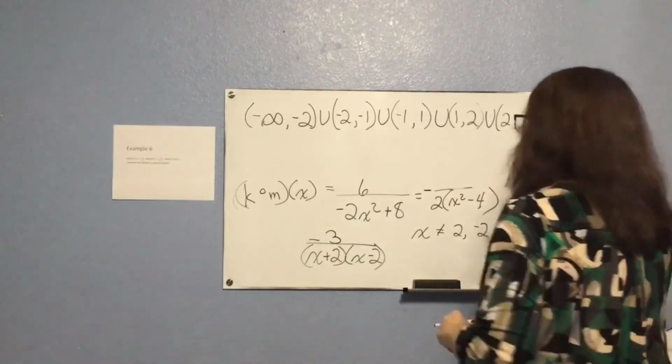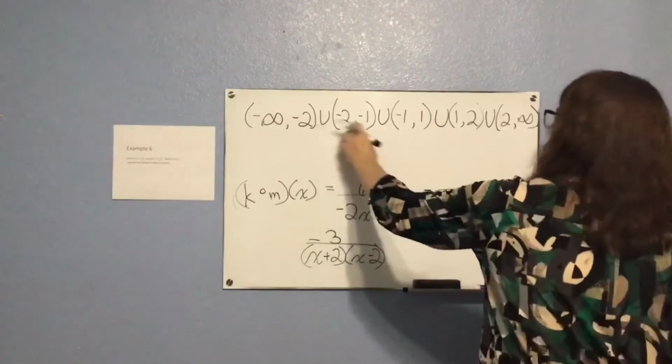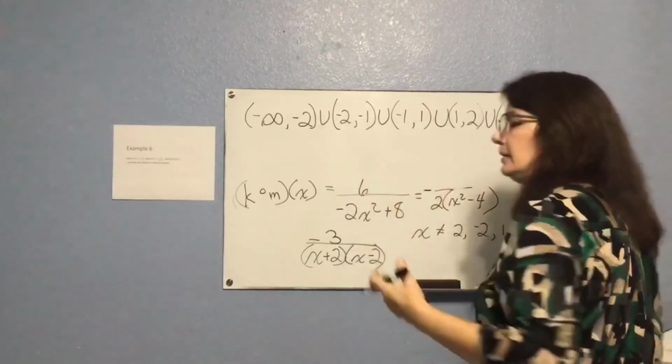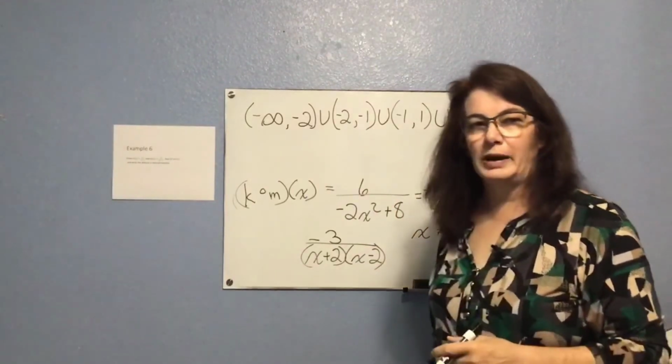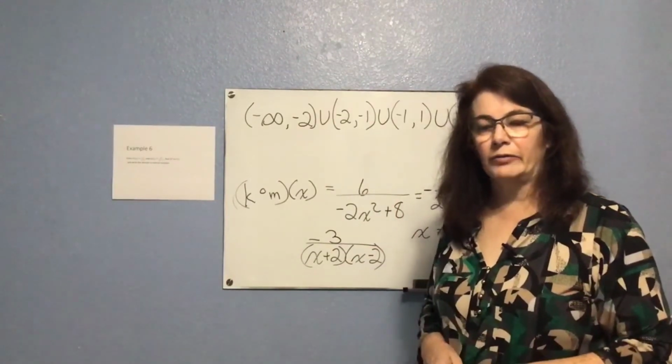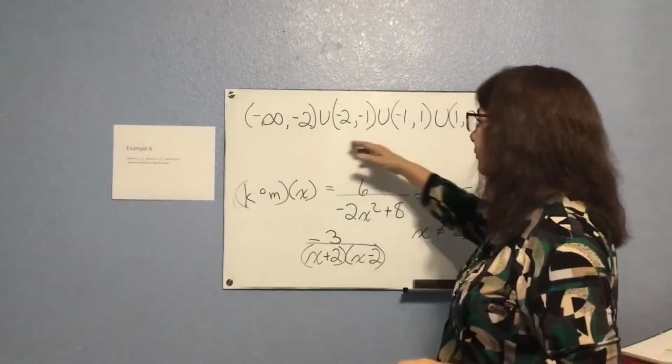So I've had 4 excluded values, which gives me 1, 2, 3, 4, 5 parts to my domain in interval notation, because I have to skip over 4 numbers.